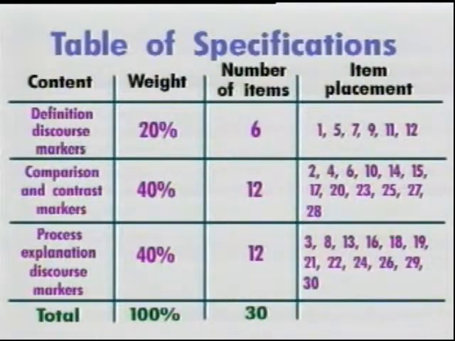Thus, 20% or 6 items will be used to test definition discourse markers. On the other hand, to test the other two kinds of discourse markers, 40% or 12 items each will be prepared. We are now ready to construct test items for a structural test.